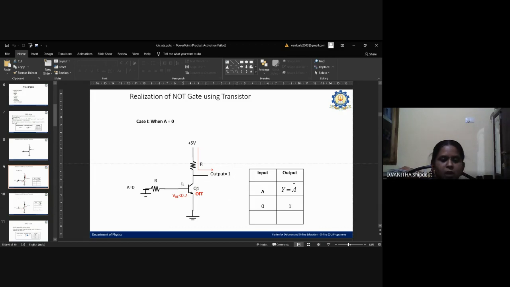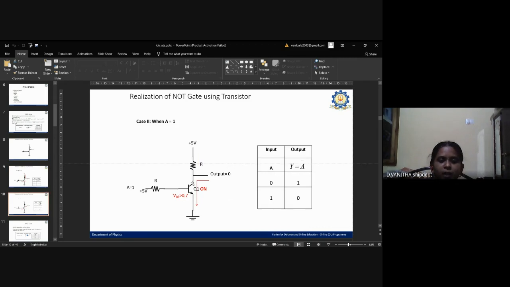Here the voltage applied is less than 0.7, so the transistor is in cutoff mode. If A is equal to 1, the transistor is on, and the output is at ground level. Here the voltage applied should be greater than 0.7.